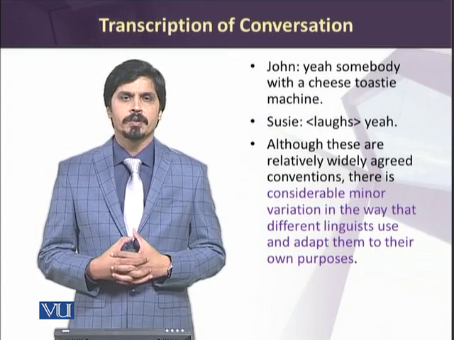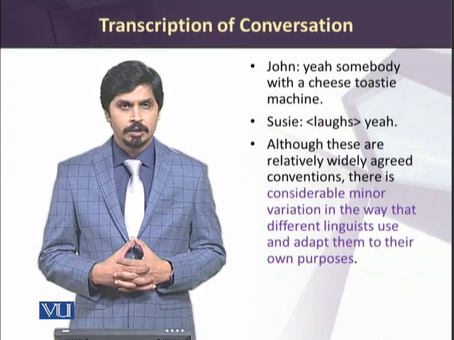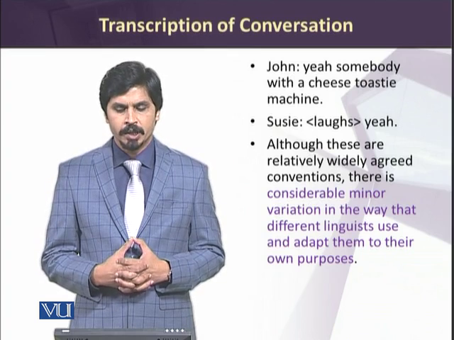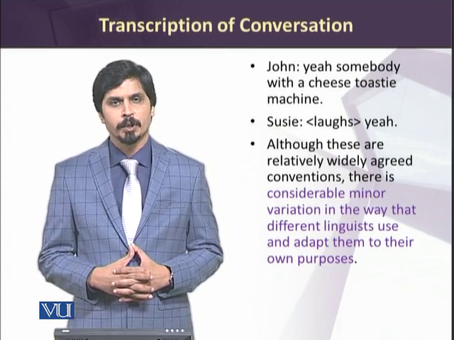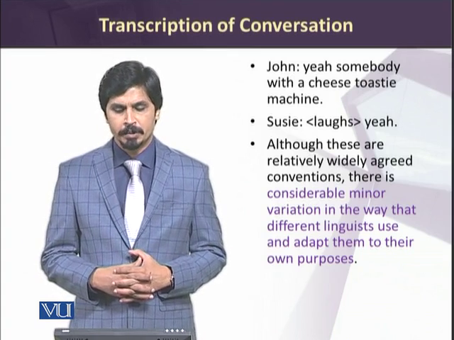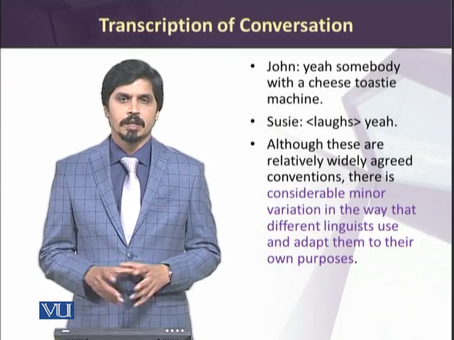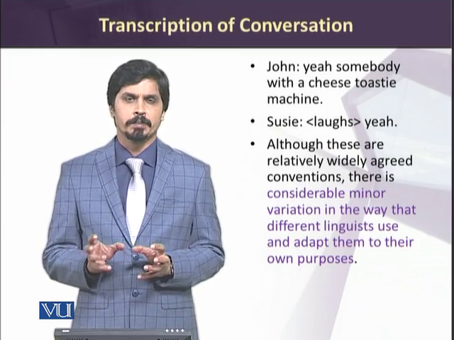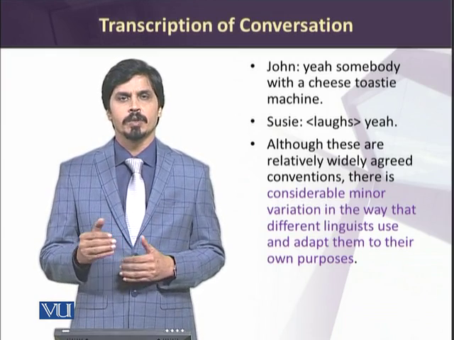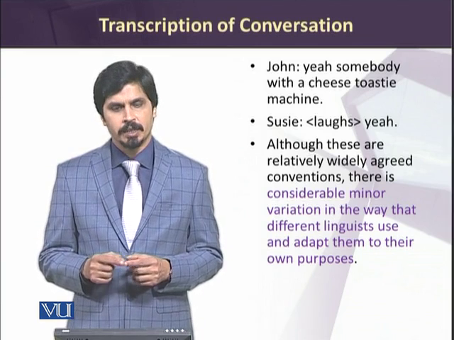In a little talk in front of you, including two participants, John, one of the participants, says, yeah, somebody with a cheese toasty machine. And Susie, in response to this statement, laughs and says, yeah, she laughs. And laughing here is significant to interpret the meanings of the overall conversation. So you could write it down within brackets.